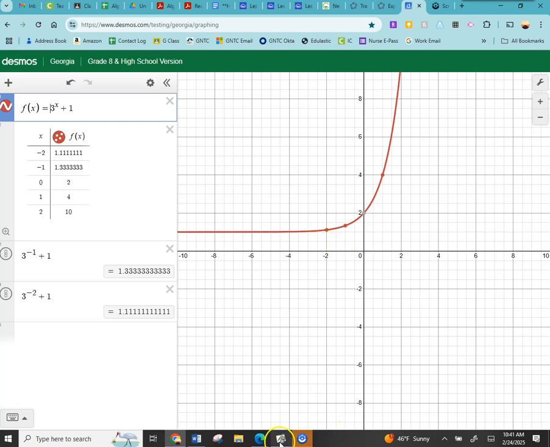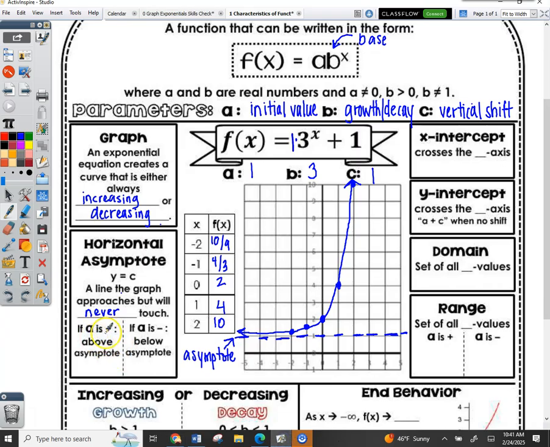So that's what this is telling you right here. If A is positive, your curve is going to be up above it. Not necessarily growth, I'm going to erase that. It's just that your curve is above it. If A is negative, though, your curve is going to reflect over it and be below it. Okay?